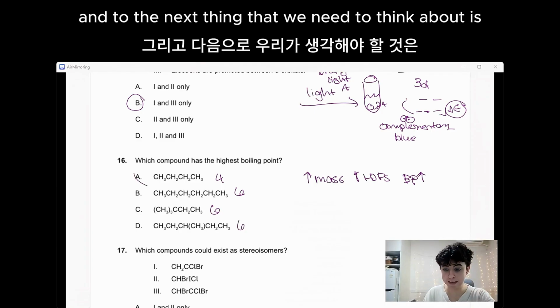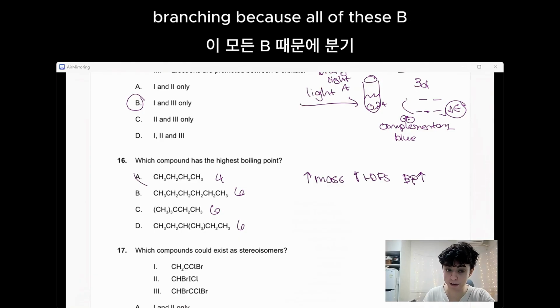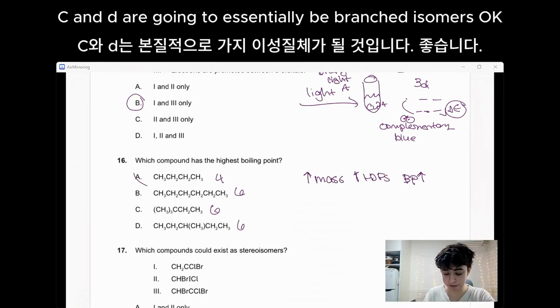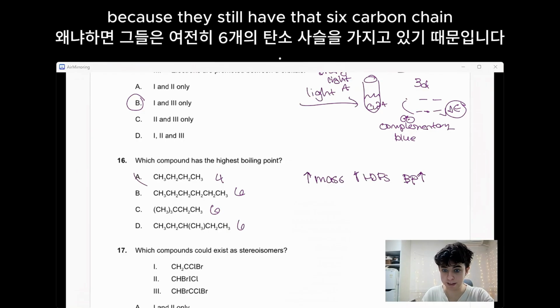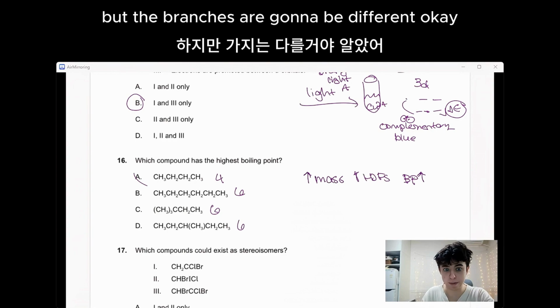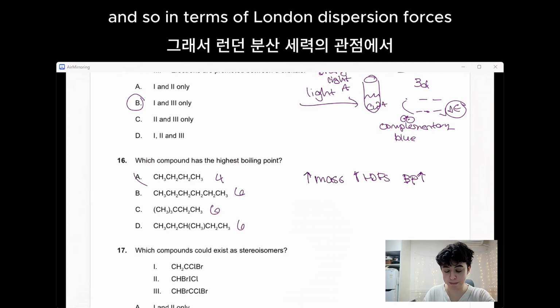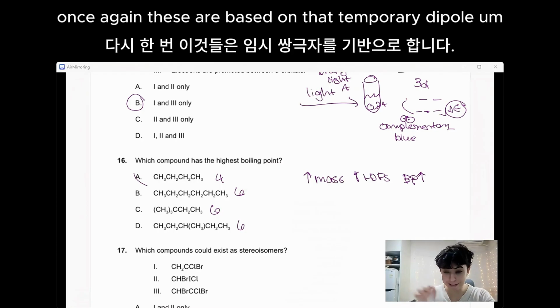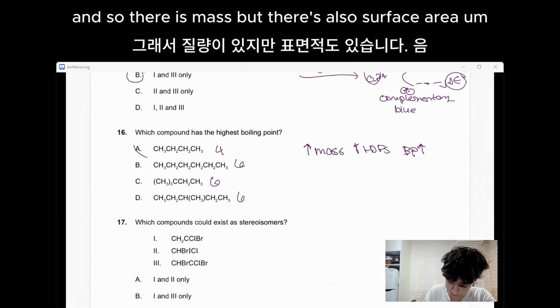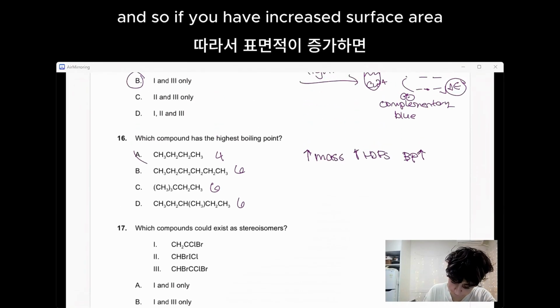The next thing we need to think about is branching, because B, C, and D are essentially branched isomers. They still have that 6-carbon chain, but the branches are different. In terms of London dispersion forces, these are based on that temporary dipole. So there's mass, but there's also surface area.